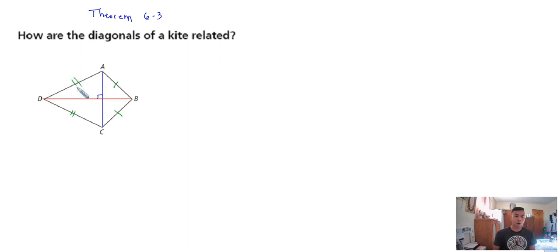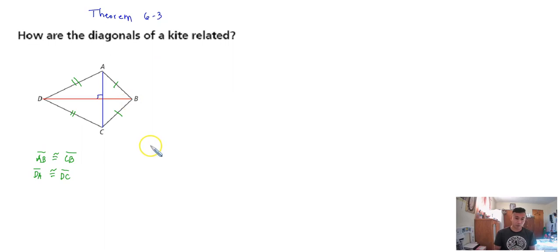So segment AB is congruent to segment CB, and segment DA is congruent to segment DC. Thus, in Theorem 6-3, the diagonals of your kite are perpendicular.